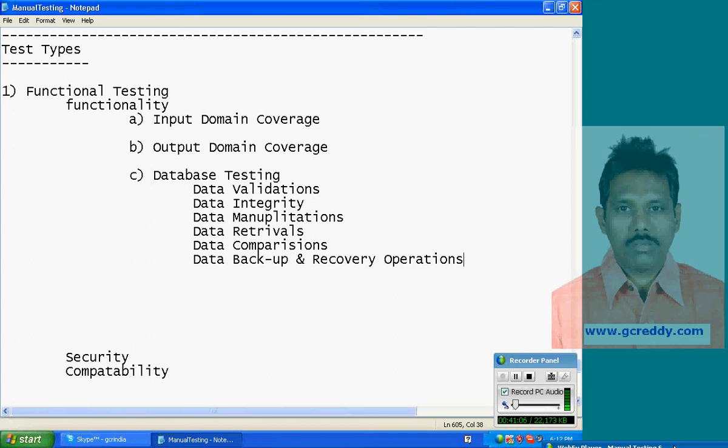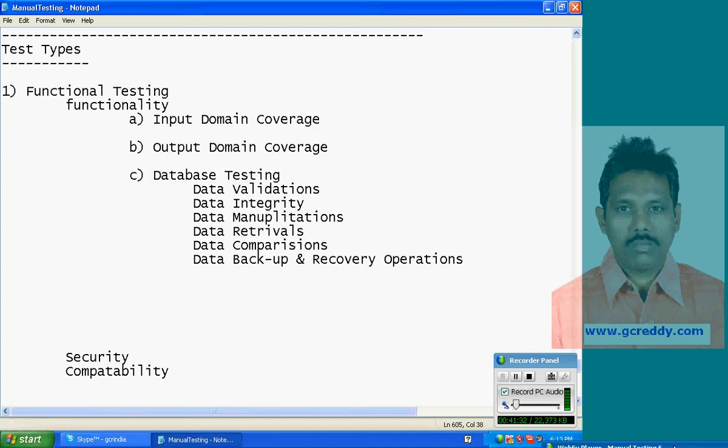Retrieval means you can retrieve specific data. Suppose in my company, 1,000 employees are there. I want to retrieve only manager category people information. Then I can use a select statement: select manager from employee, table name employee.